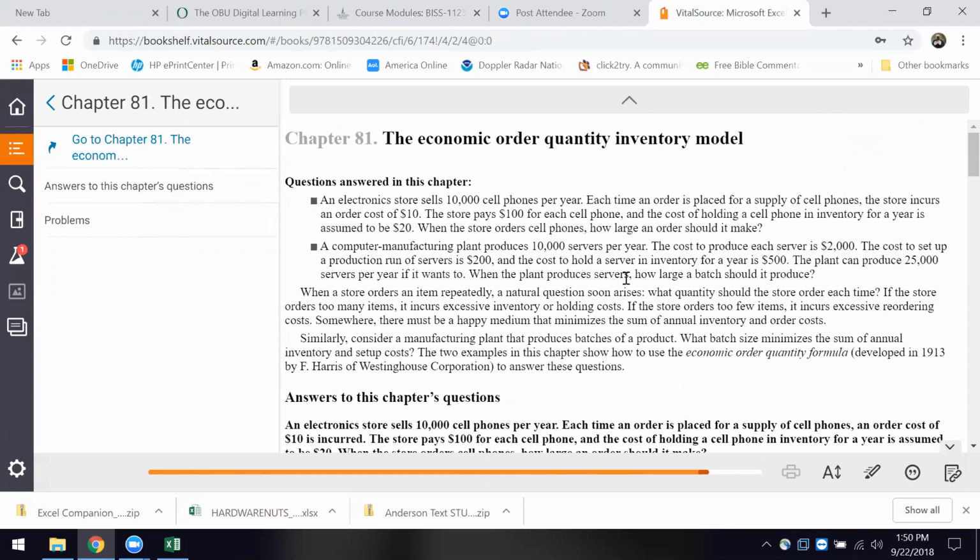Now, let me stop for just a minute and expand a little bit on the text. If you're a management major, you should have had, or you will soon be taking, the production and project course. When we talk about batch processing, what we mean is we make stuff in batches. There are 2 basic kinds of manufacturing operations. One is a batch, which takes orders and then fills the orders.